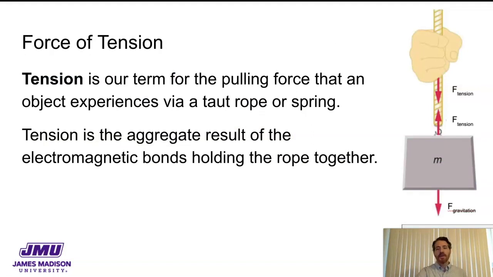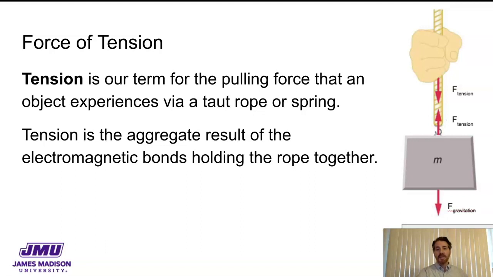The force of tension describes a pulling force that is conveyed through a rope or a string or a cable or a spring. But really what the tension force is the aggregate of all of the molecules in the rope holding each other together. And so when you pull on a rope, the rope molecules pull on each other, and eventually down at the other end of the rope, that pull is conveyed to some object.